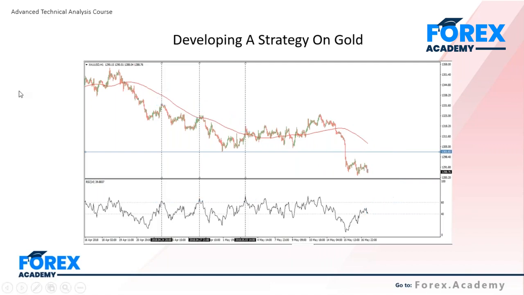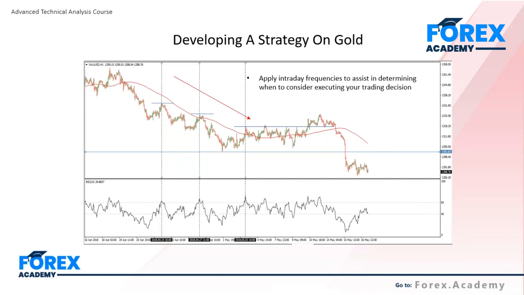If that is the case, what we will do is wait for our overbought reading to be confirmed before we then execute a sell in this particular instrument. So that would be perhaps a strategy and a plan that you can take on board.